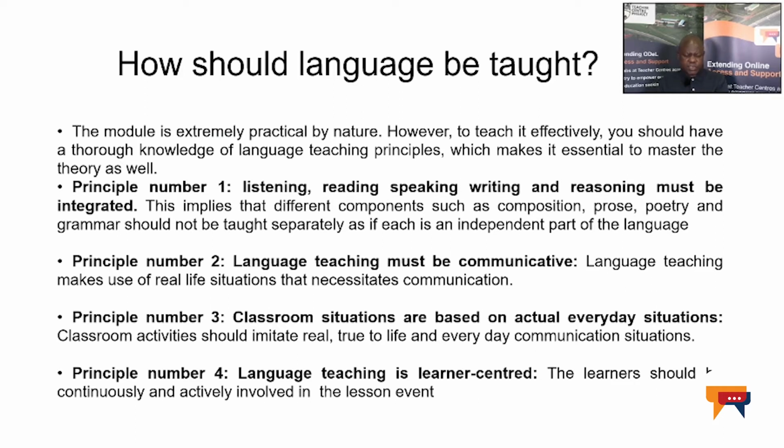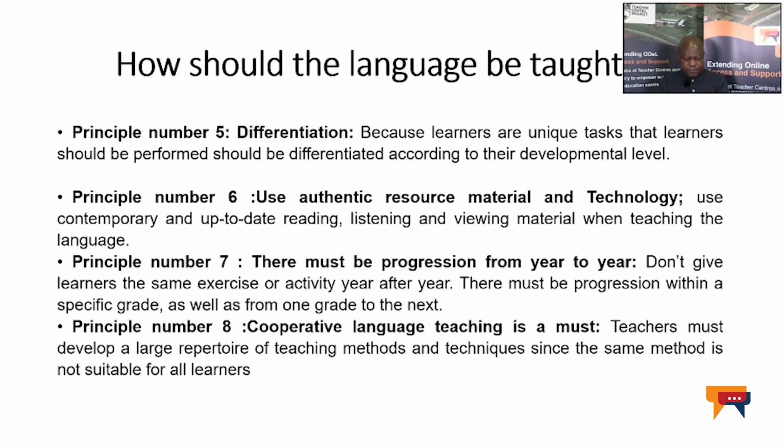Classroom activities should therefore imitate real, true-to-life, and everyday communication situations. Principle number 4, language teaching is learner-centered. The learners should be continuously and actively involved in the lesson event.